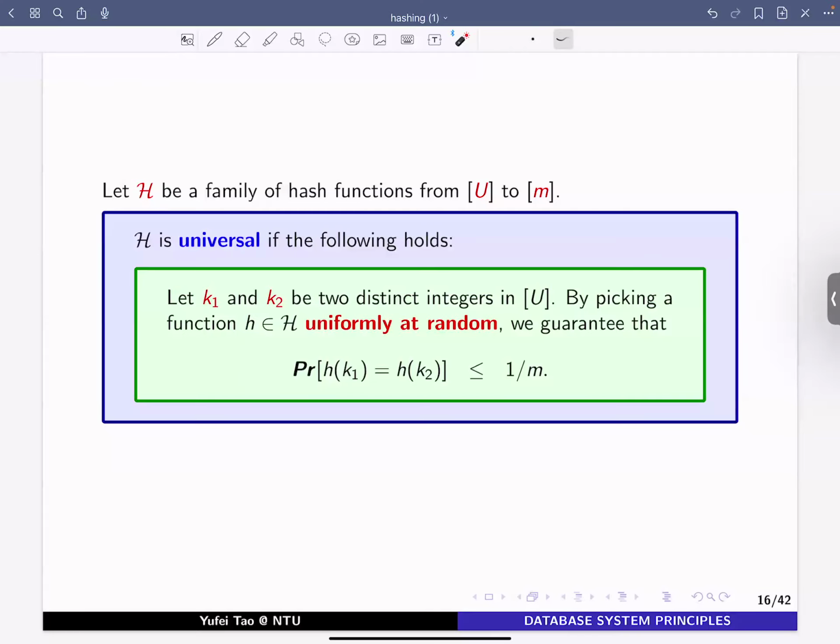Okay, so the idea is when I need to create a hash structure, I will always randomly choose a hash function from the family. So this is why the construction of the hash structure is a random process. Why?